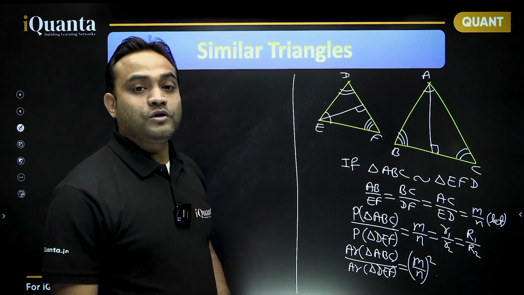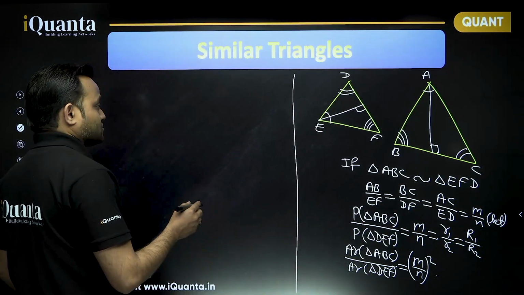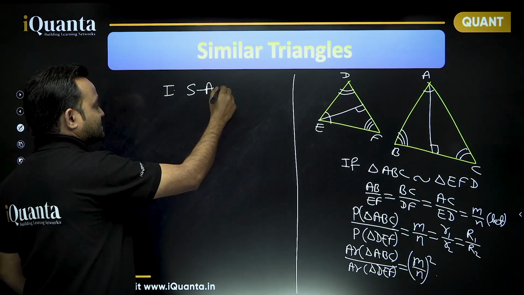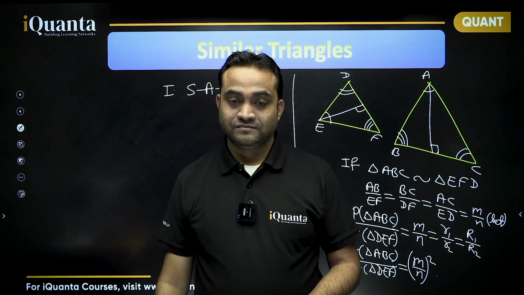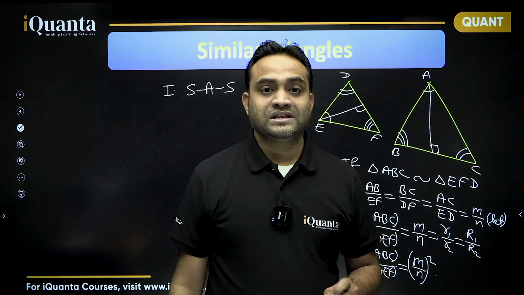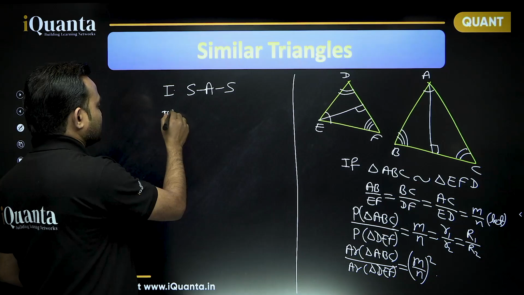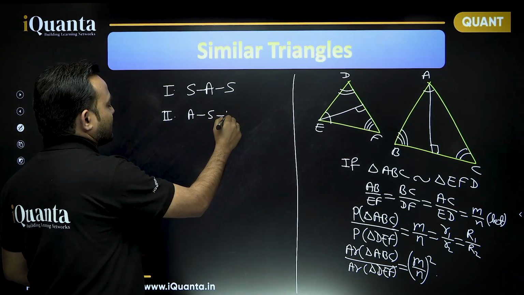Now, how do we prove that two triangles are similar? One method is SAS, meaning the ratio of two sides are equal and the angle between them is also equal. Then you can say that the two triangles are similar. The second method is AA.